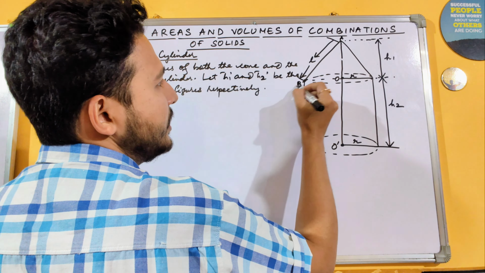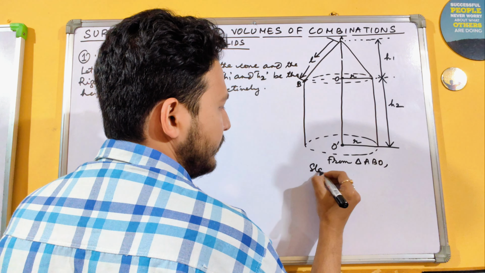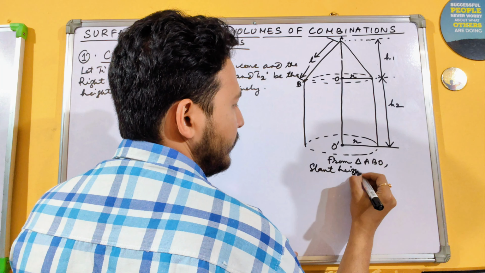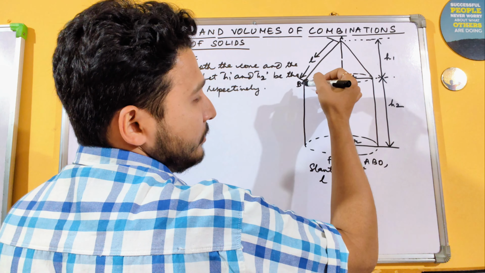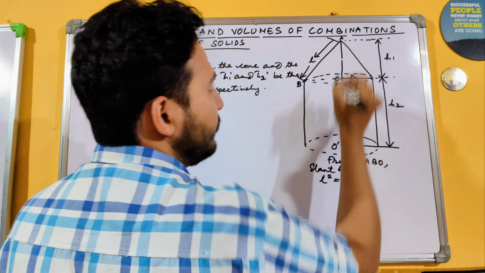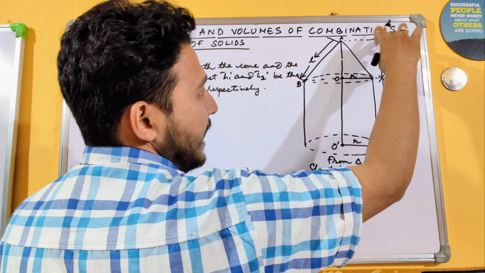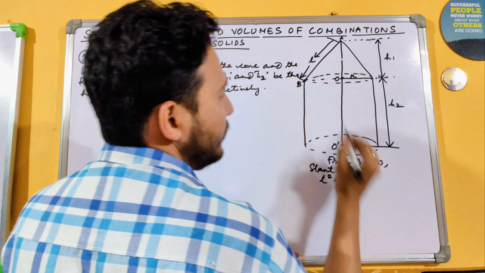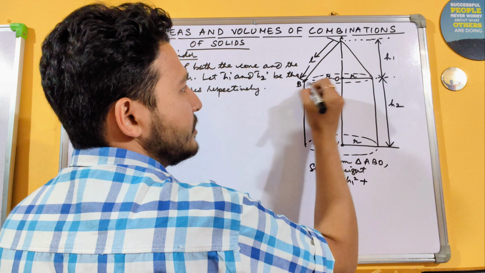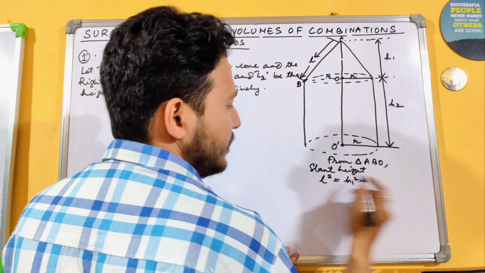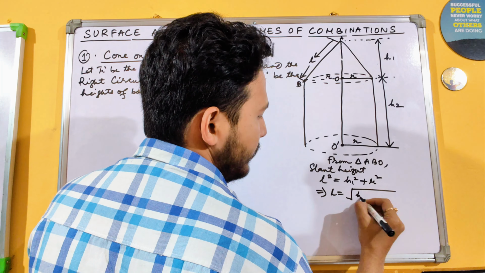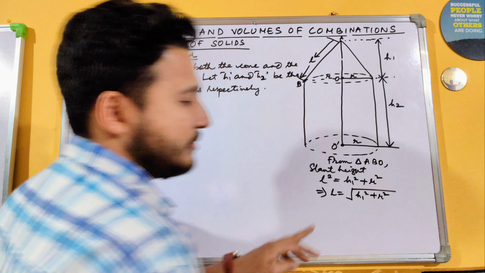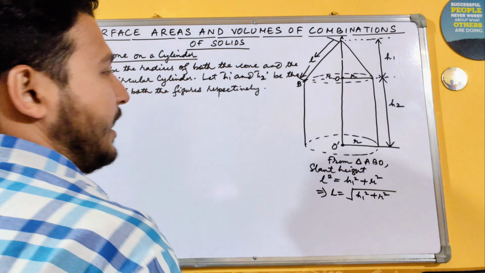From triangle ABO, the slant height can be found out as, this is the hypotenuse, so L square is equal to perpendicular square, which is nothing but the height h1 square, plus the base square, which is the radius r square. So what is L? L is root over h1 square plus r square. This is the value of the slant height.